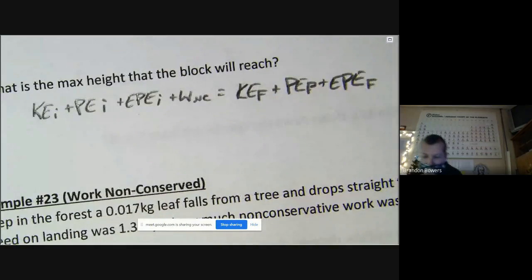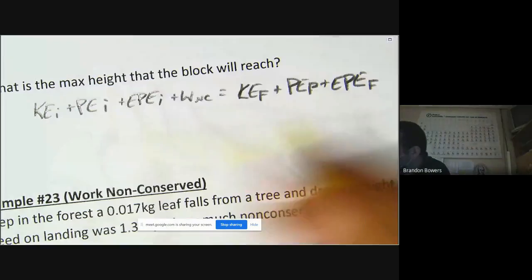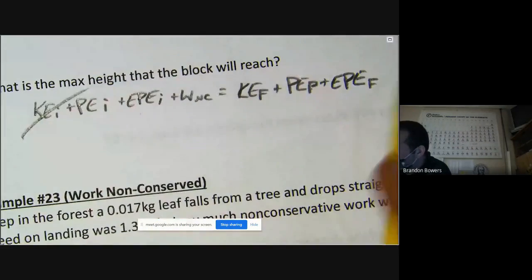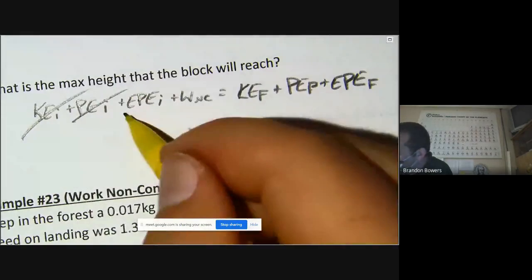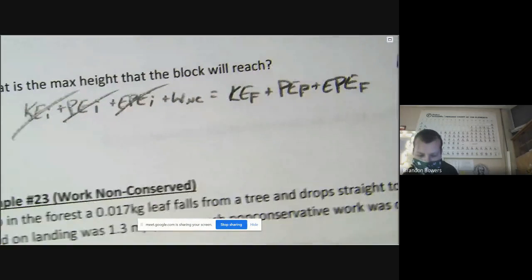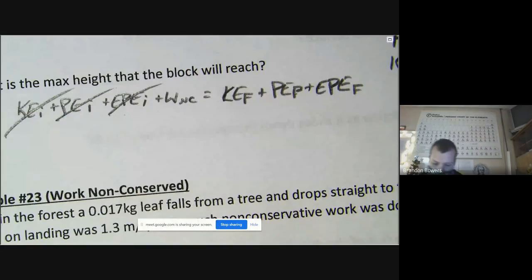Okay. So what is the max height the block will reach? Now, at max height, will I have kinetic energy in the initial? Nope. So once again, kinetic energy initial and potential energy initial are going to be 0. Elastic potential energy is still going to be 0. Now my finals are going to change a little bit. Will I have kinetic energy in the final?